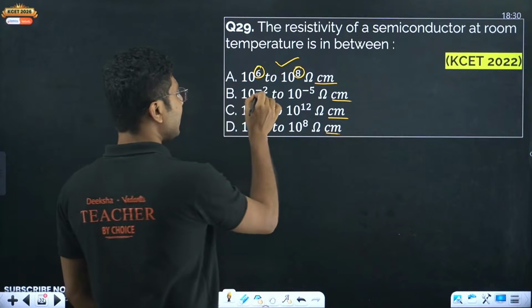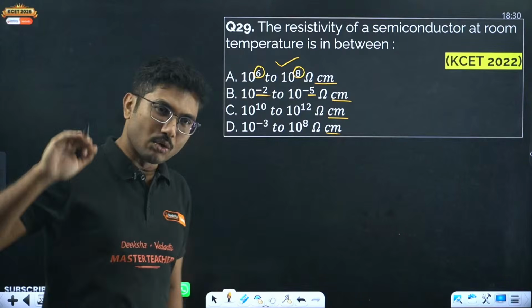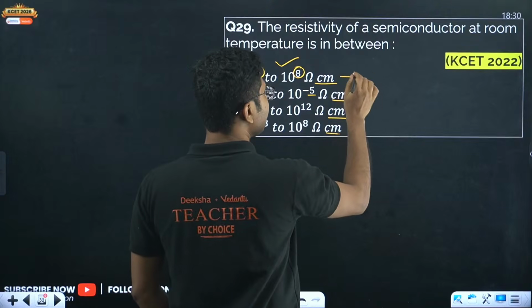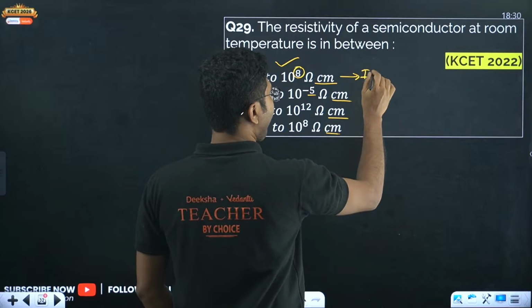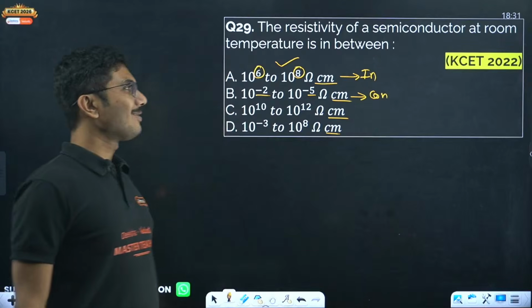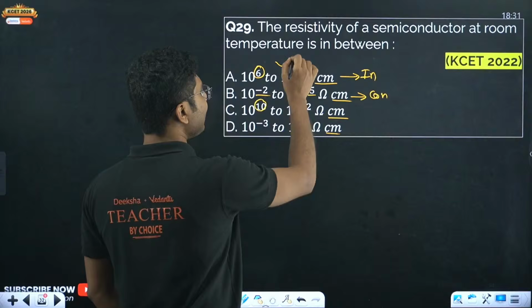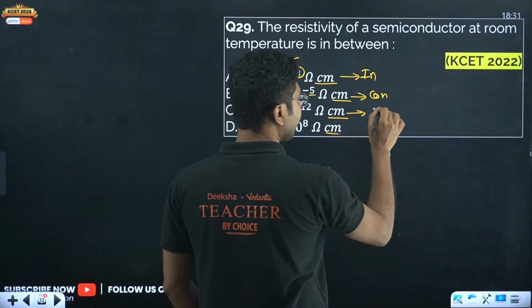Here both of them are minus, which means resistivity is very low, so this is conductor. This one is much higher than even this one, so this one is also an insulator.